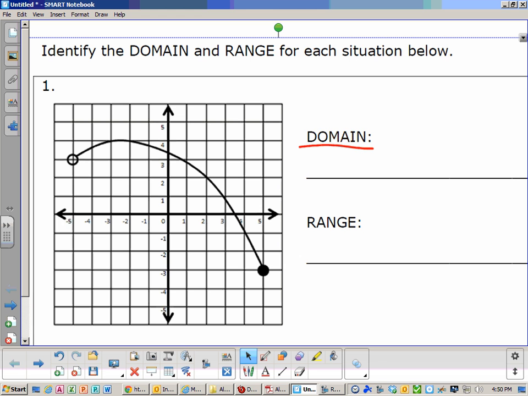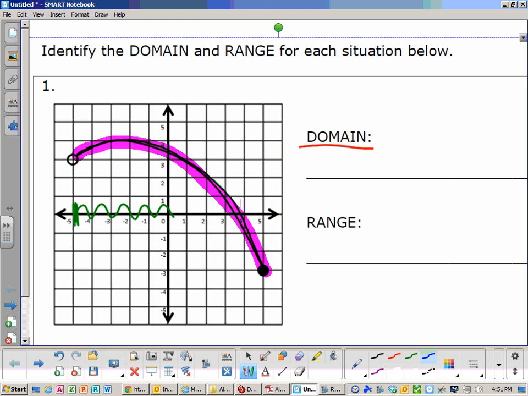So as you look at this, you want to see what your values are here. For this item right here, that's not that dark, so let me get something better. Let's use purple. There you go. Okay, so this whole curve right here has x values. In fact, if you look at it, it has x values everywhere from -5 all the way to +5, apparently.